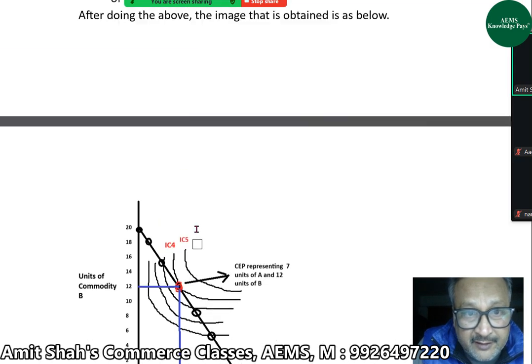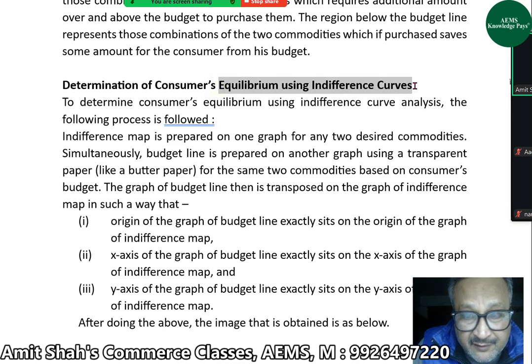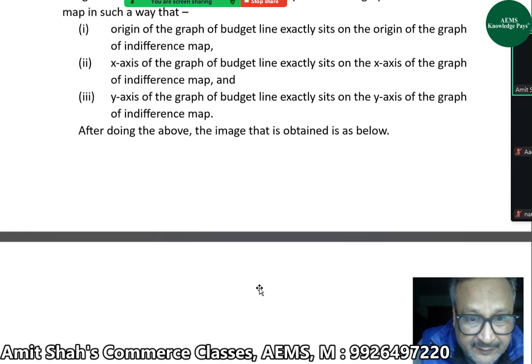So guys, this is how we determine consumer's equilibrium using indifference curve analysis or indifference curves.